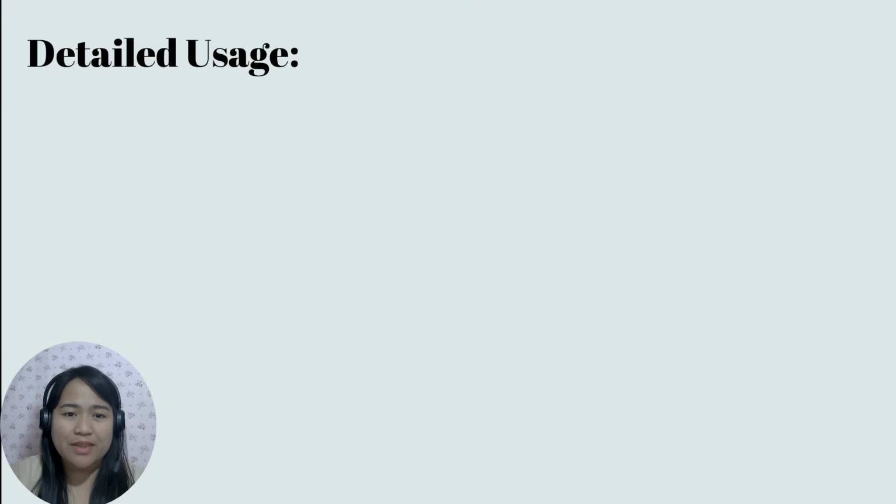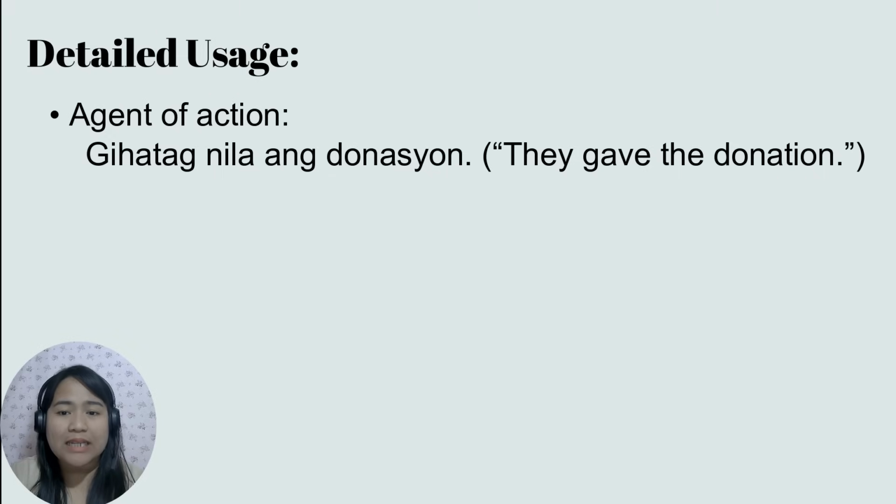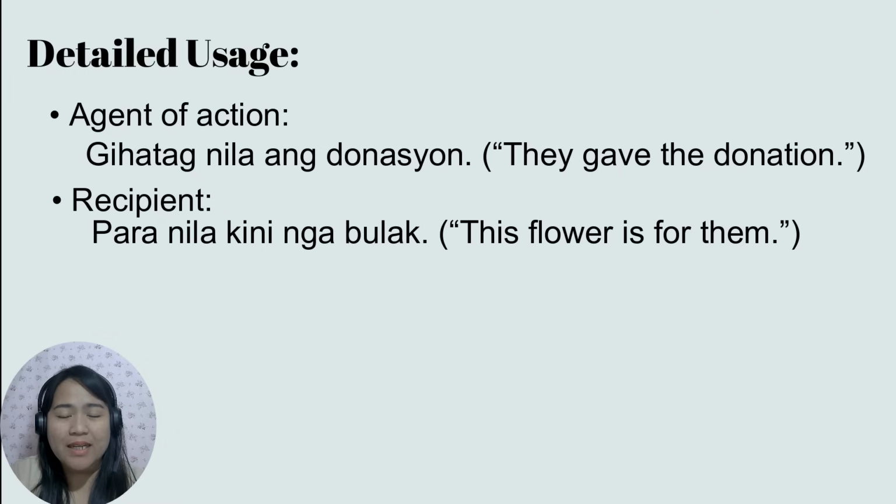Now let's talk about the detailed usage of nila. As agent of an action, for example, "gihatag nila ang donasyon." It means they gave the donation. So nila as agent of an action. Next, recipient. For example, "para nila kini nga bulak."